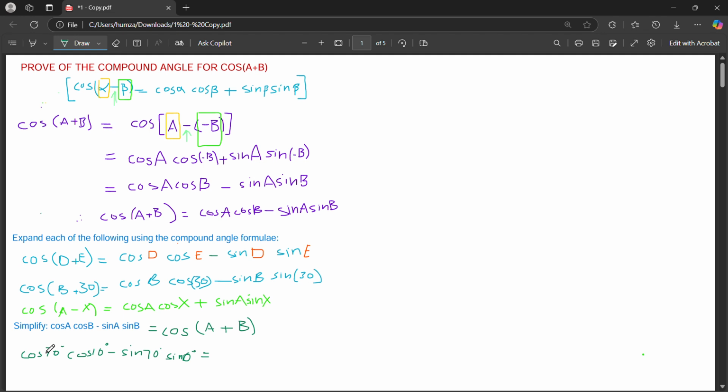You need to be able to identify the compound angle they are talking about, and they want us to expand or simplify your compound angle, whatever the question says. So this will be your cos. One angle is your 10 degrees, another angle is your 70 degrees, so 70 degrees and 10 degrees, and then there is a negative sign, so we will say positive sign here.